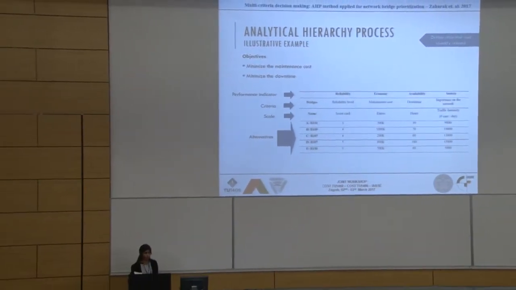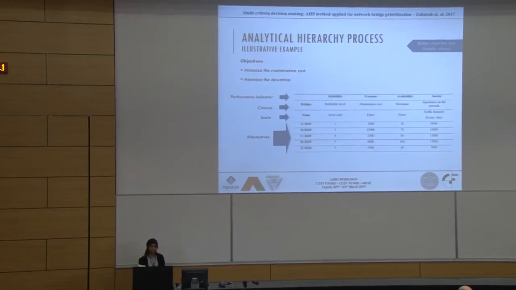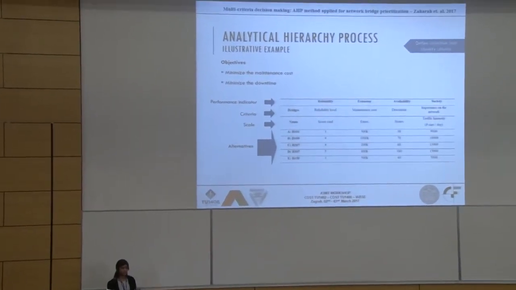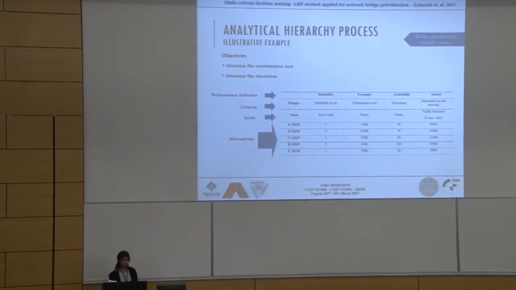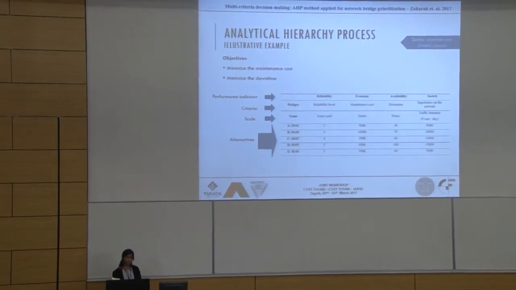So we consider 4 performance indicators: reliability, economy, availability, and society. And for the criteria that indicate these, there are the reliability levels. It's a scorecard from 0 to 6, where 0 is the best condition and 6 is unacceptable condition. Then the maintenance cost and the downtime. Downtime is the value of how many hours our bridge will not be available during the maintenance activity.